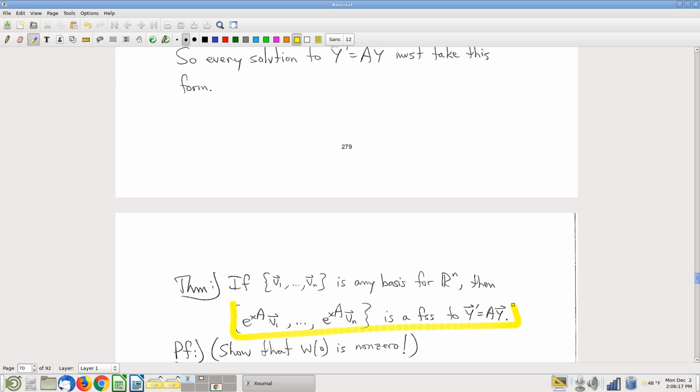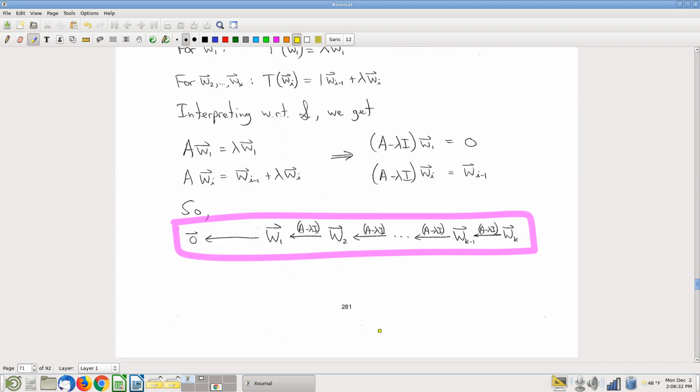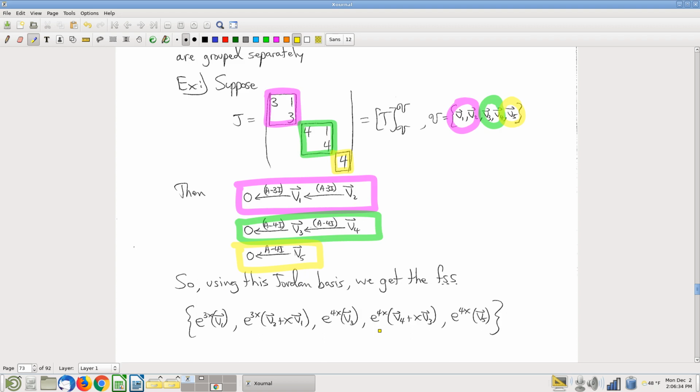So when we write out the matrix exponentials, keep in mind it remains the case that this is your fundamental set of solutions. Right? All you're doing is multiplying the matrix exponential times your basis vectors. It's just the evaluation of these matrix exponential times basis vectors that's going to be a little bit different. And in this case, here we go.